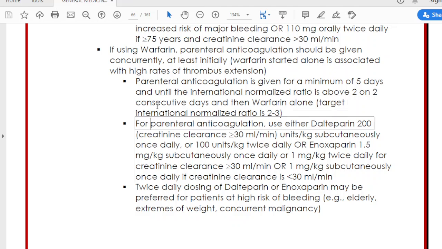For parenteral anticoagulation, use either dalteparin, if creatinine clearance is at least 30 ml/min, 200 units/kg subcutaneously once daily, or 100 units/kg twice daily, or enoxaparin 1.5 mg/kg subcutaneously once daily, or 1 mg per kilogram twice daily, if creatinine clearance is at least 30 ml/min, or 1 mg per kilogram subcutaneously once daily if creatinine clearance is less than 30 ml/min.